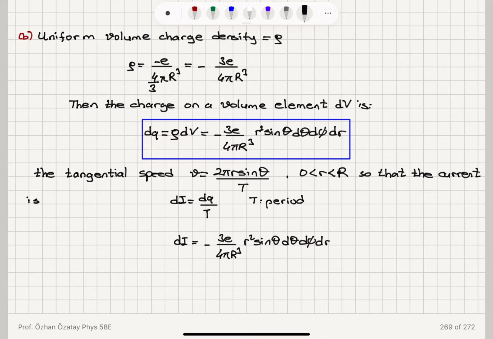So because it's 1 over the period, it is v over the tangential speed v over 2 pi r sine theta.